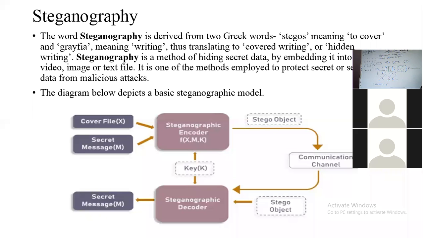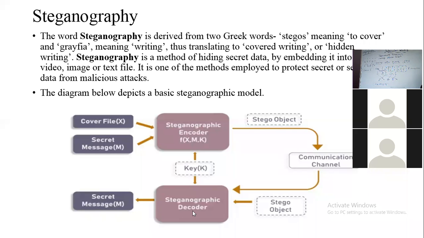Firstly we convert the plain text into the cipher text, and the stego object is just like a hidden message. Then through the communication channel, the stego object is transferred to the other end.